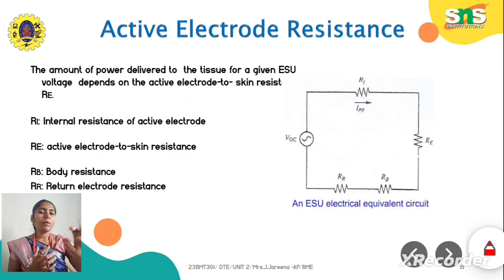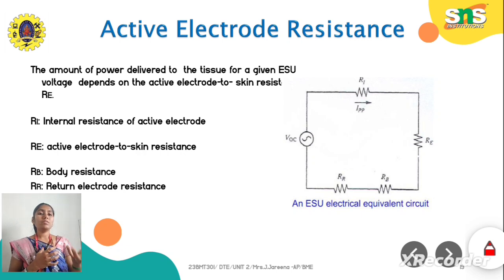All right, so the important thing you have to consider when you are designing or choosing the active electrode is the active electrode resistance. The reason is that whatever power is being delivered to the tissue, the given voltage depends upon the active electrode to skin resistance, that is the RE. So these are the different resistance paths we have to consider while setting the watts intensity in the ESU unit, because the power delivered to the tissue should be good enough to make the process called cutting or coagulation.